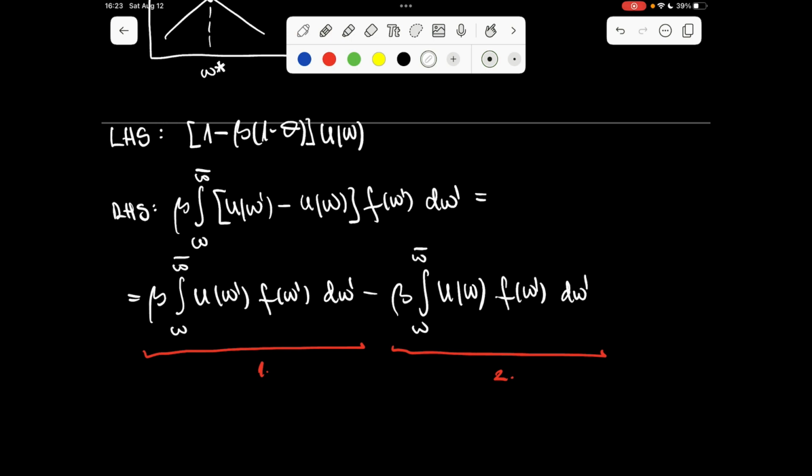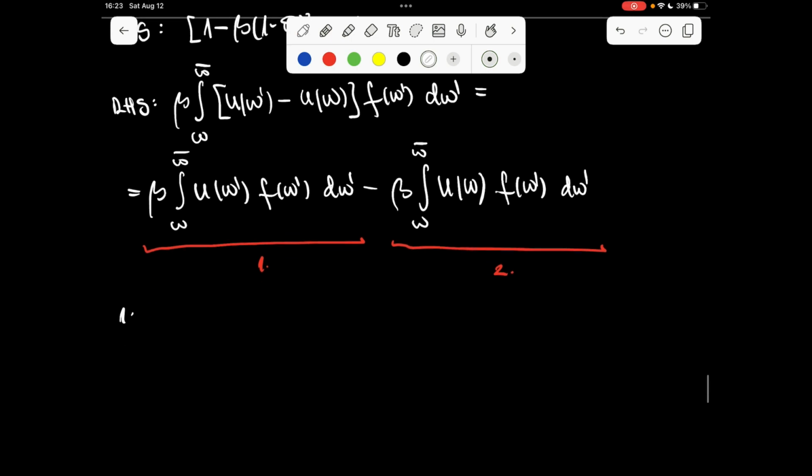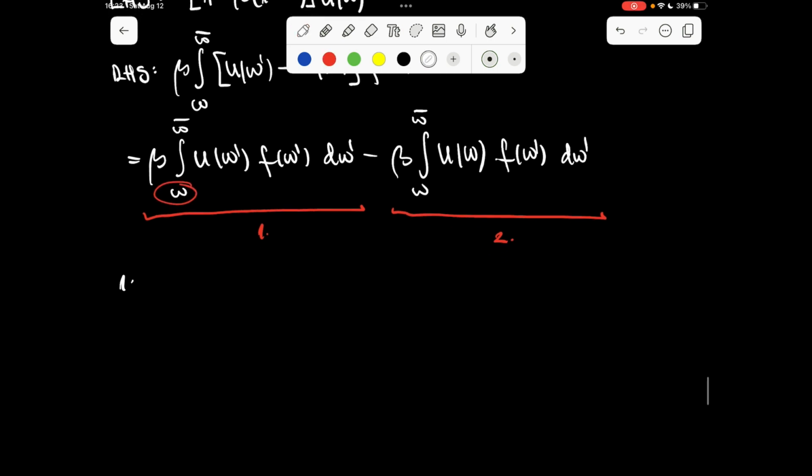Part 1. This is simple. We need to integrate with respect to the lower bound of the integral, and by derivating expression 1, section 1 of the right hand side, we receive this function.